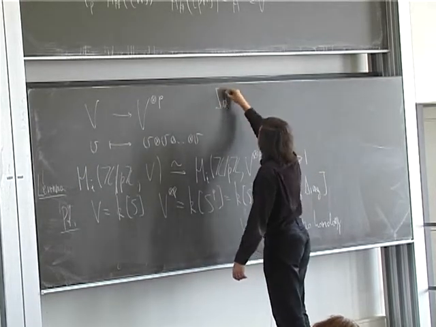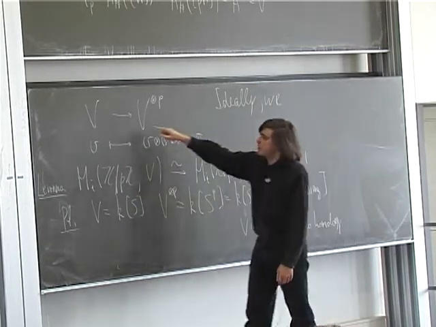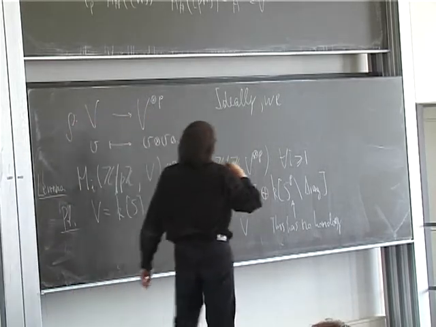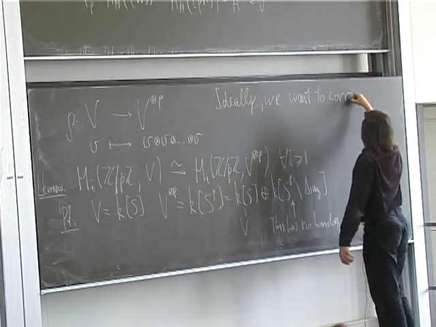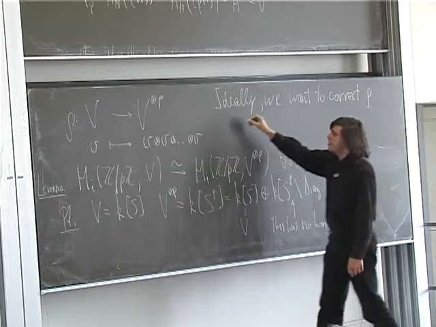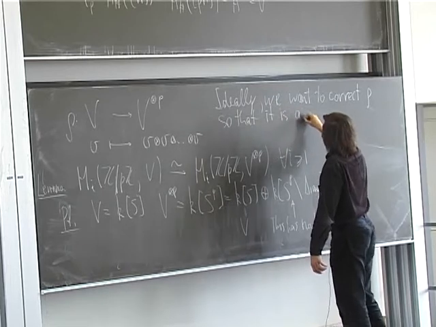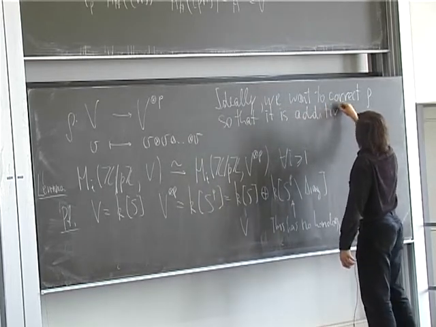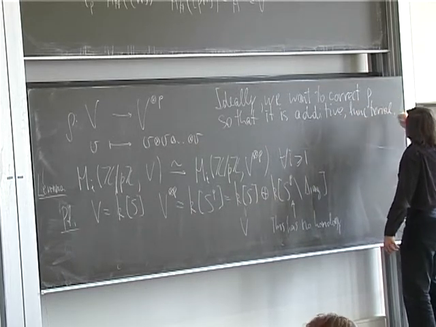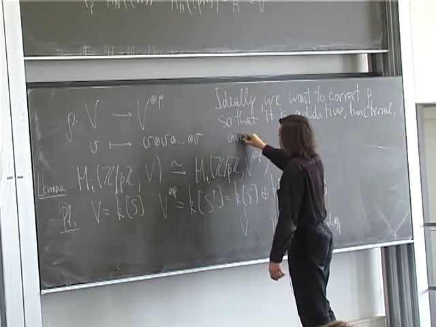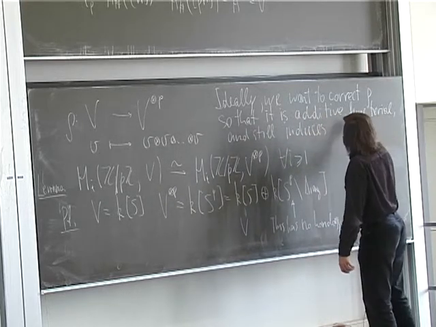So ideally, let me denote this by some letter, rho. We want to correct rho so that it is additive, functorial in V, and still induces an isomorphism on homology.